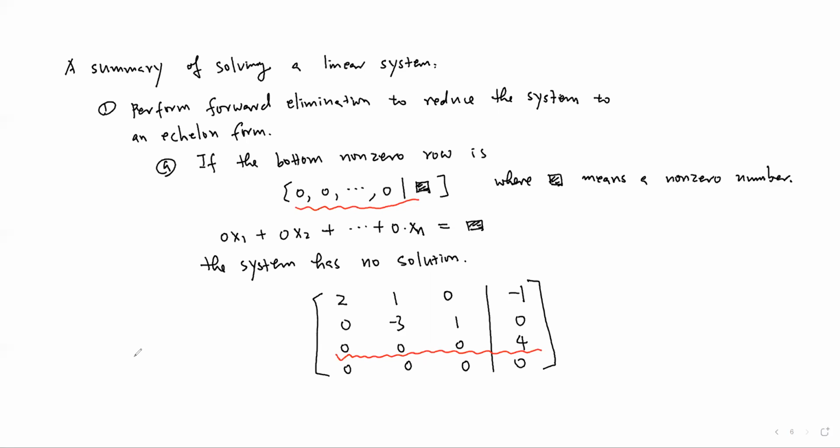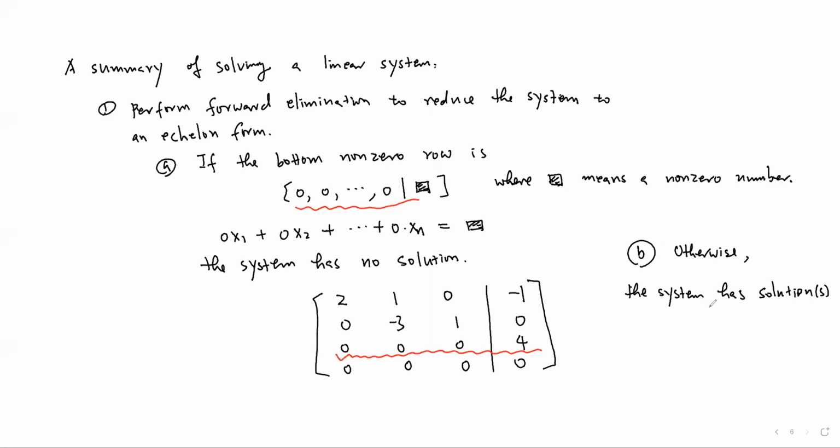Second case, B. If the bottom non-zero row is not in this form, otherwise the linear system has solutions, one or infinitely many.